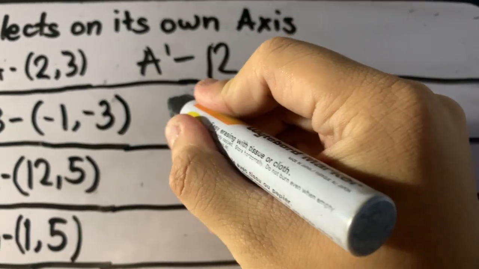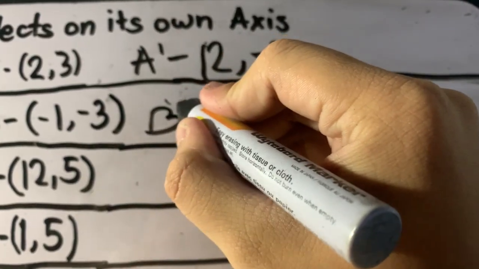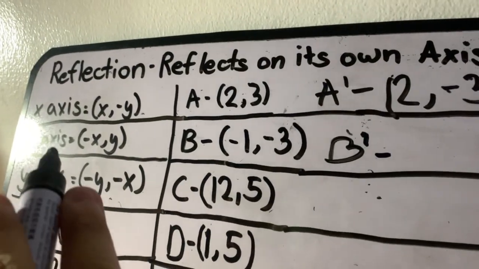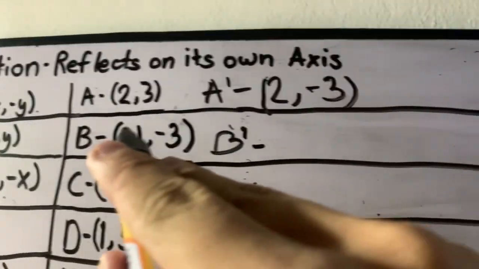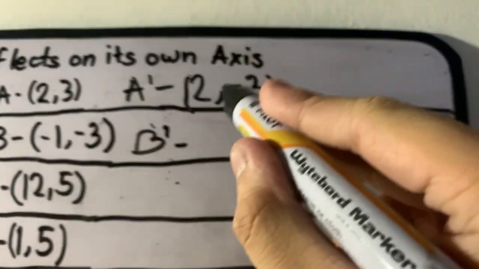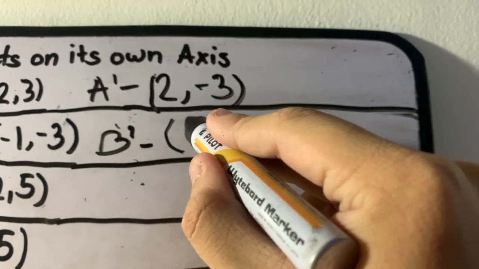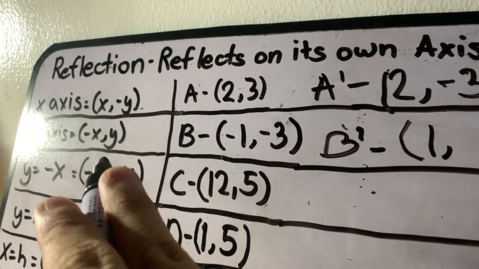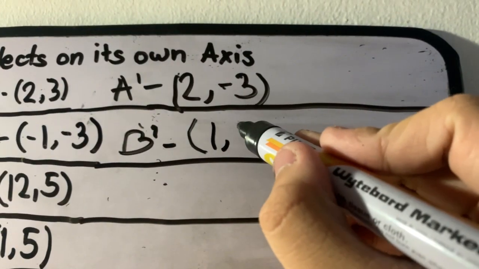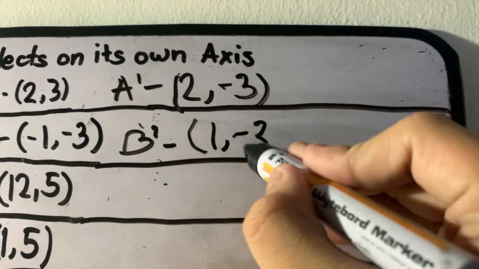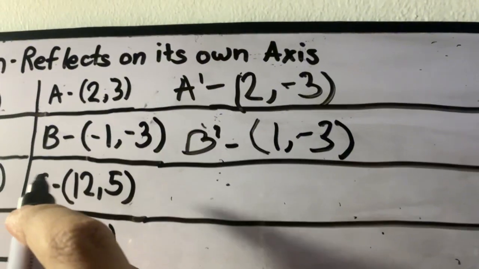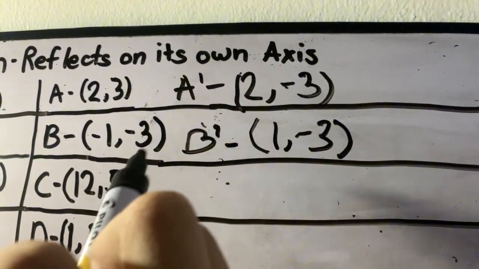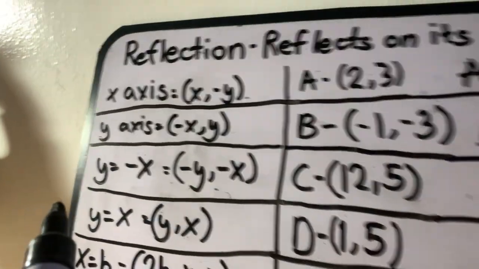So we'll have B prime. Like we said, -x, so -1 times -1 will be equal to 1. And then y is just retained, so it becomes -3. There, so you can check again on the Cartesian plane if they are reflecting each other.